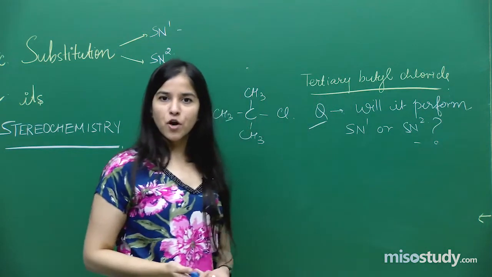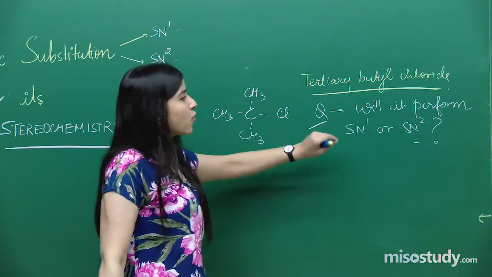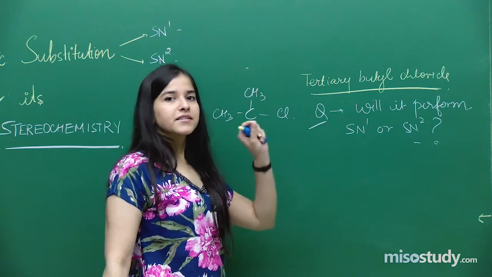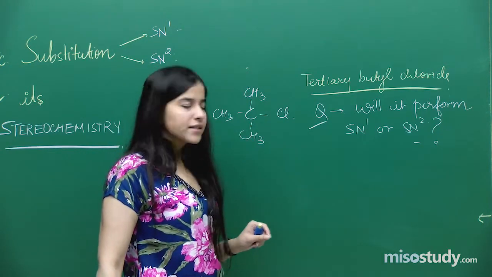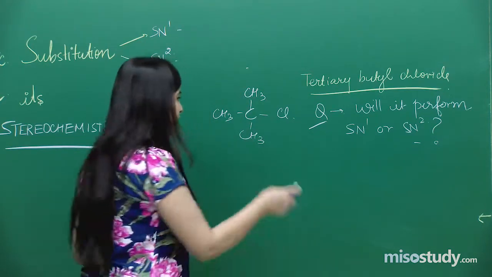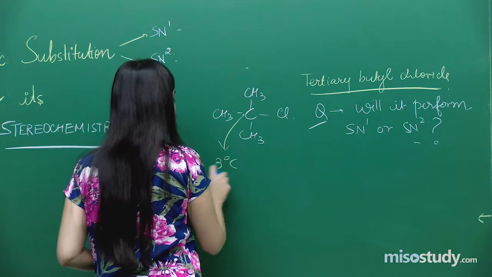What could be the possible answer? So the possible answer over here will be when I consider the type of compound, right? The type of carbon which you can see over here is tertiary carbon, right?